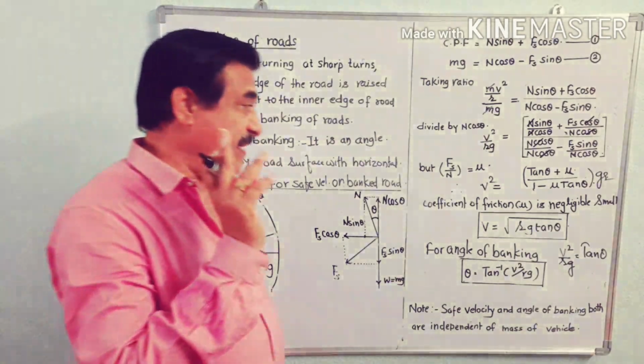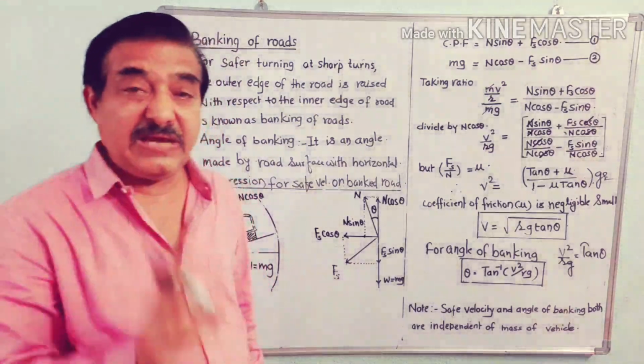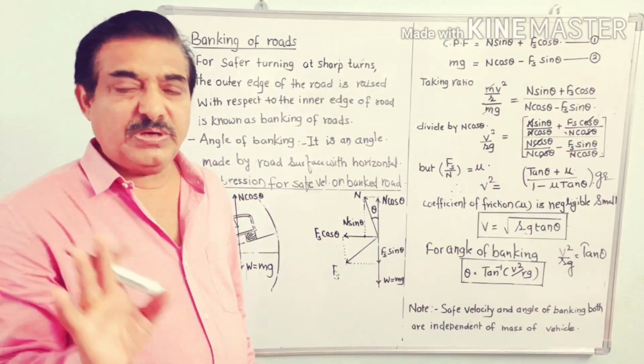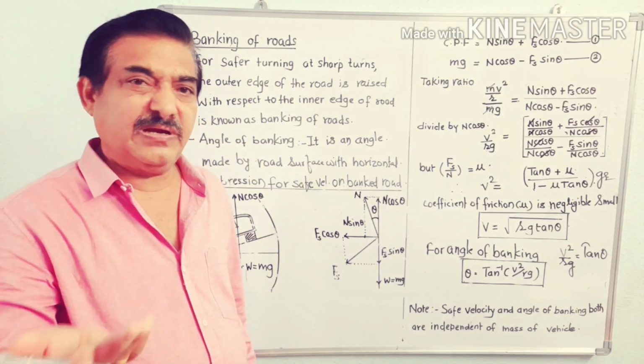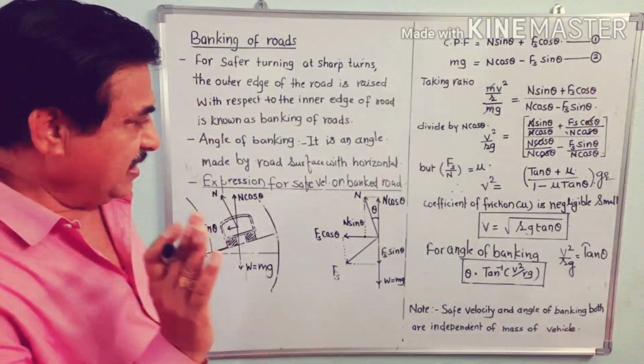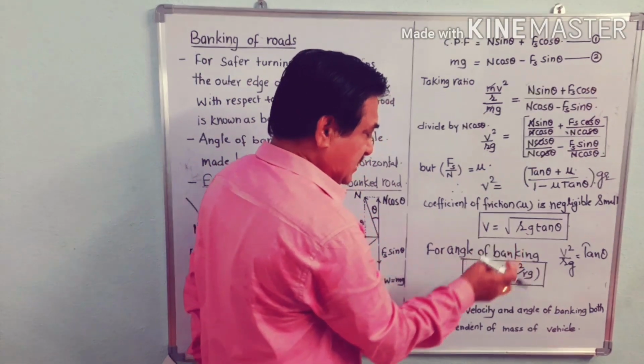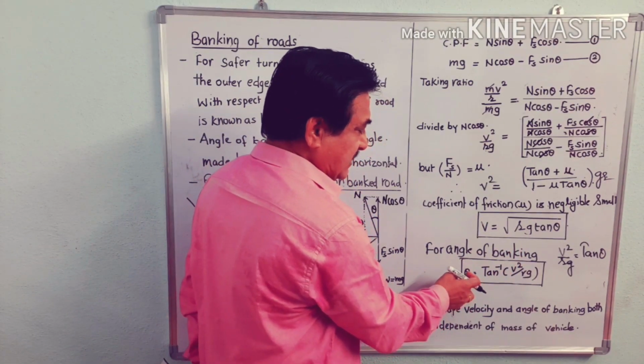So angle of banking is the same for the same safe velocity. It will be the same for a light vehicle and a heavy vehicle.